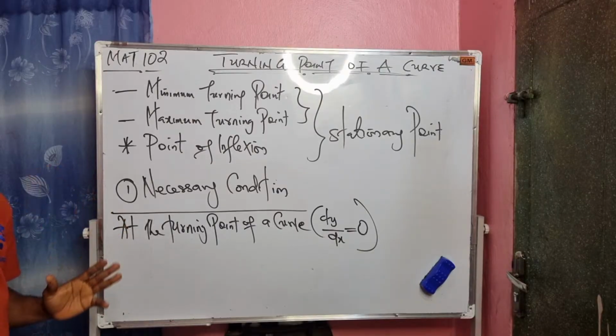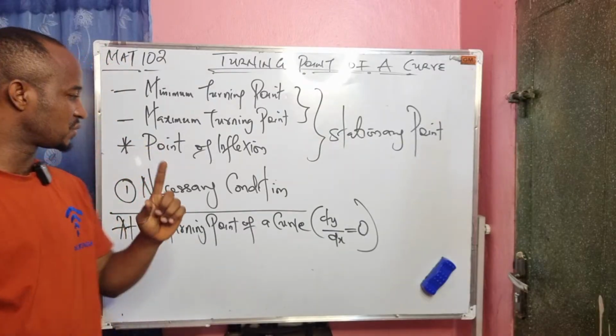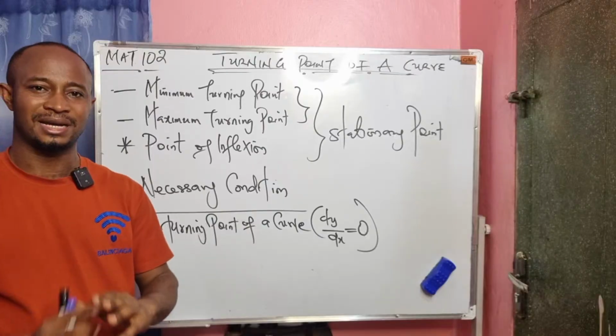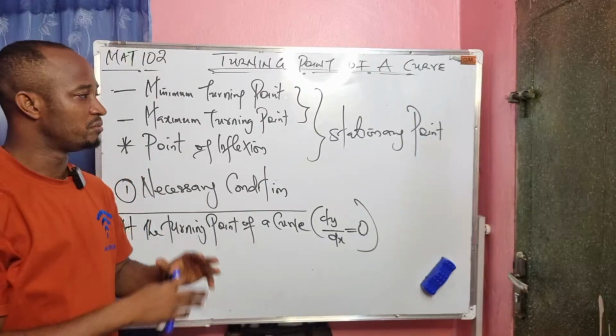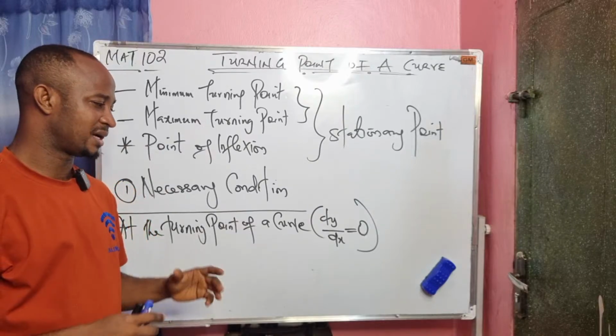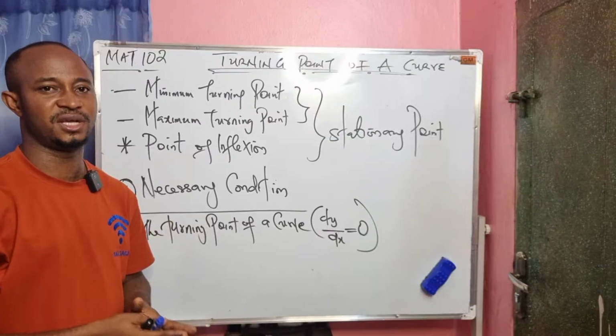This is called the necessary, the most important condition. The first condition you must take note of and observe before you can classify a curve into minimum or maximum turning points. You can also tell if a curve has a point of inflection.